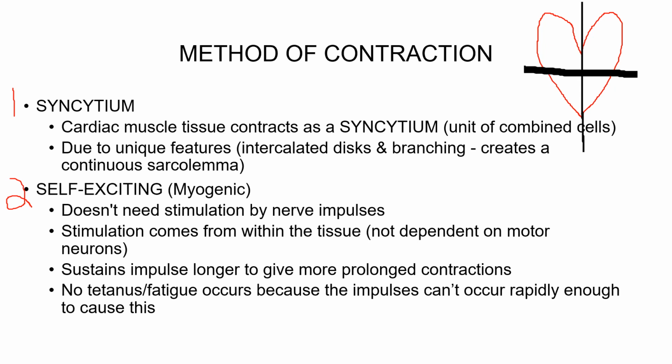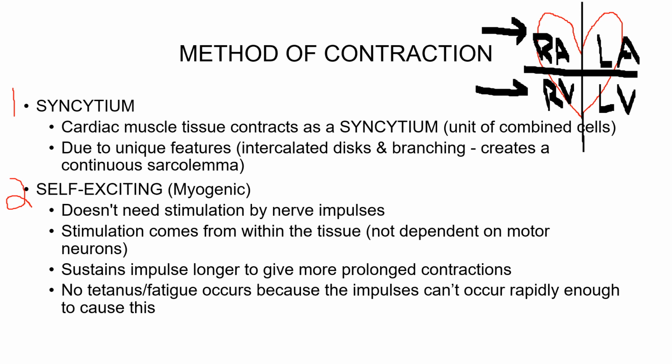And just to give you a little preview, the top chambers are called atria, or atrium singular. So you have a right atrium and a left atrium. And then the bottom are called ventricles. You have a right ventricle and a left ventricle. Now how your heart actually beats is when the atria contract, the ventricles are relaxing.